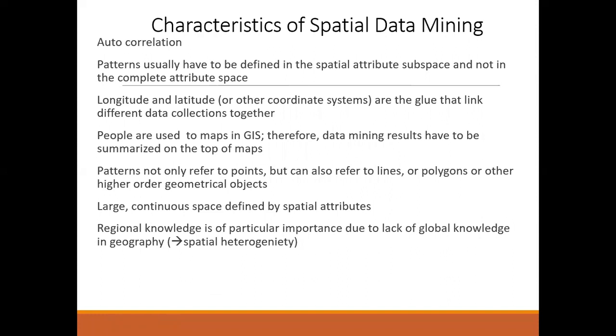Let me list a few important characteristics of spatial data mining. Autocorrelation, finding the patterns. Longitude and latitude positions play an important role in collecting the data. People are used to maps these days, and mapping is all about data mining and spatial data mining, nothing else.